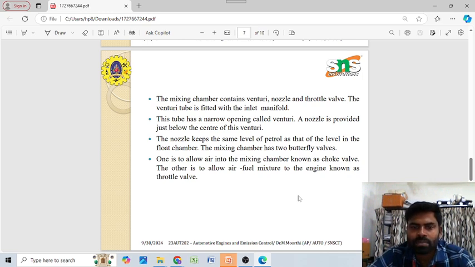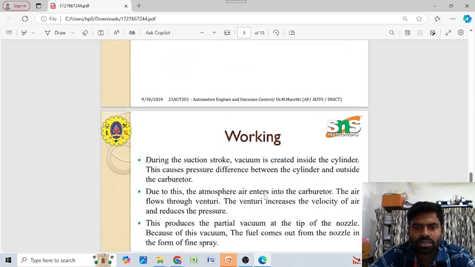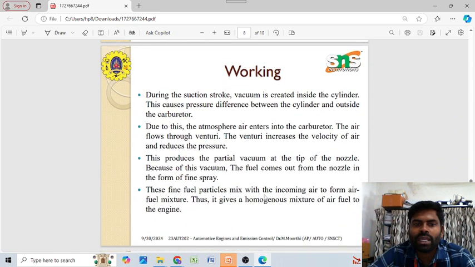The mixing chamber has two butterfly valves. One is to allow air into the mixing chamber, known as the choke valve, and the other is to allow the air fuel mixture to the engine, known as the throttle valve. This is how each part has a significant role in the carburetor.